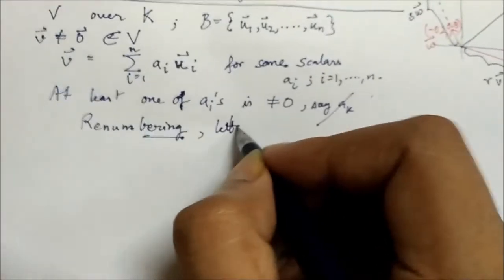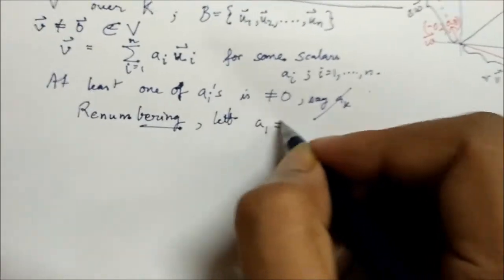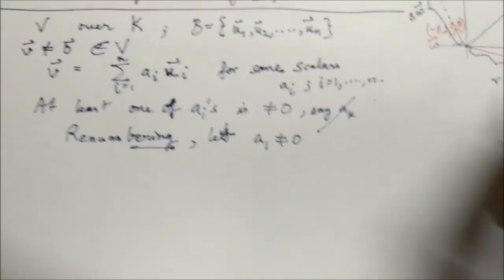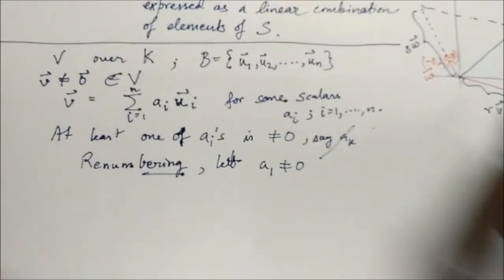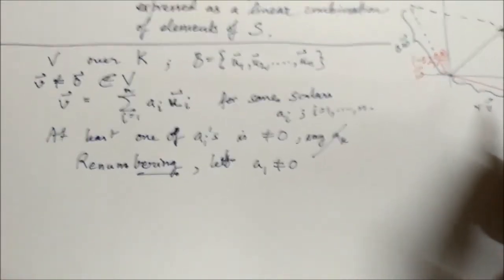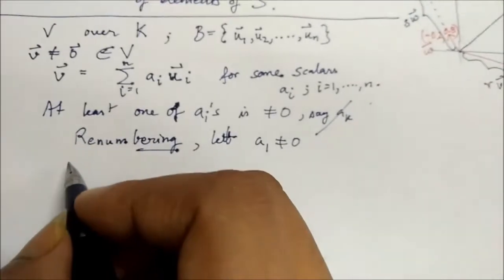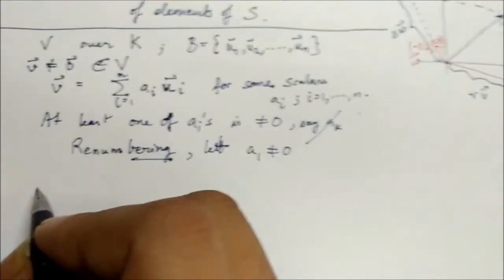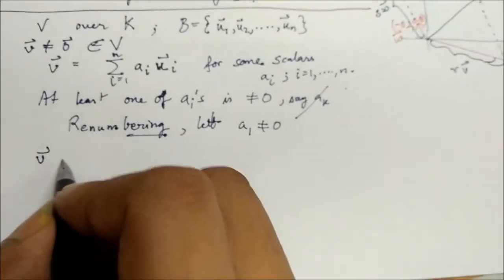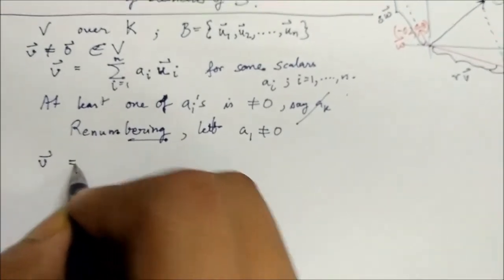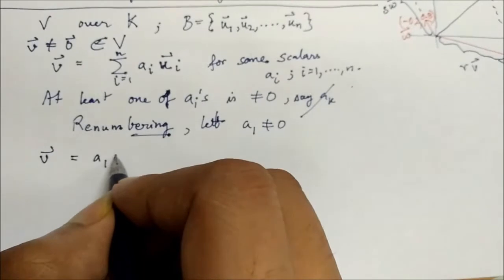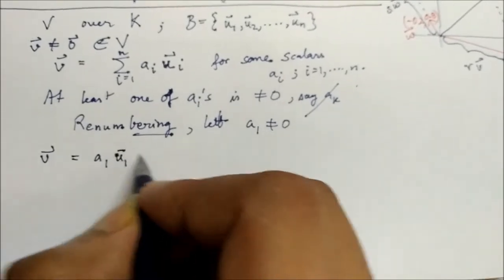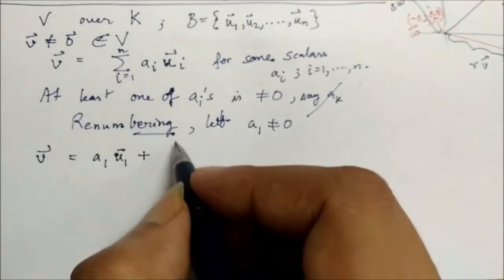Let a1 not equal to 0. Note that no generalization is lost in this case. So what we can do, the trick is, now the vector v which we just took is a1 u1 plus the others, right?